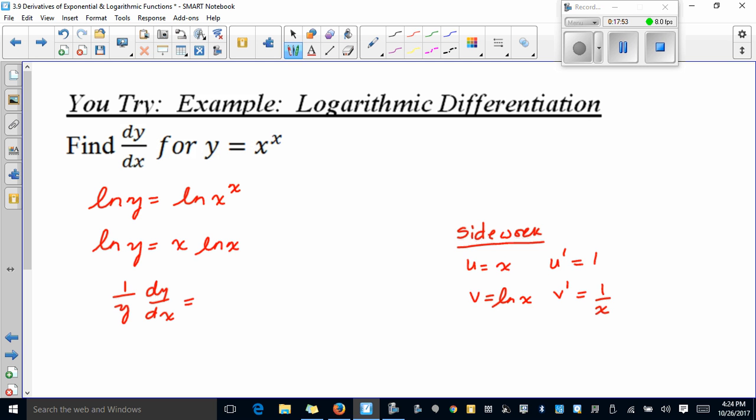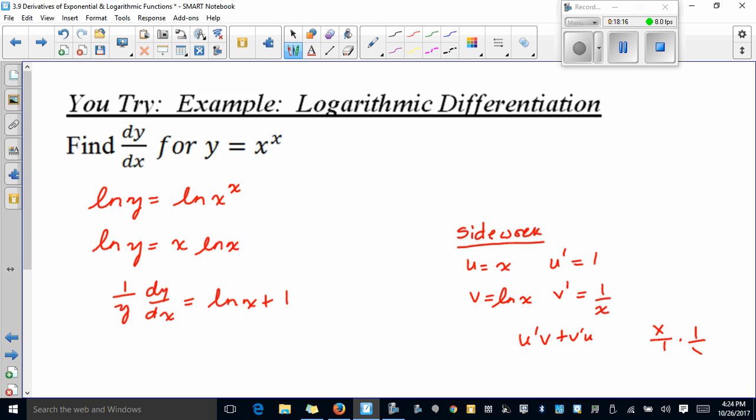Multiply this way, we get natural log of x plus, and then we multiply this way. I do want to point out you're going to get x over x or 1. Because I'm multiplying u times v prime. X over 1 over x gives me x over x, which is just simply 1.